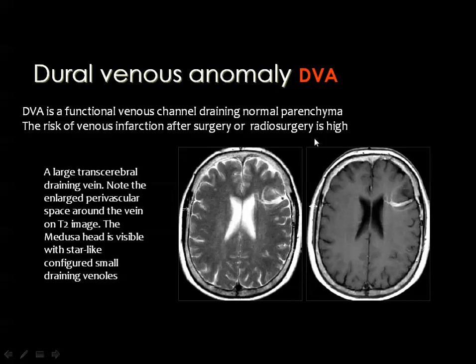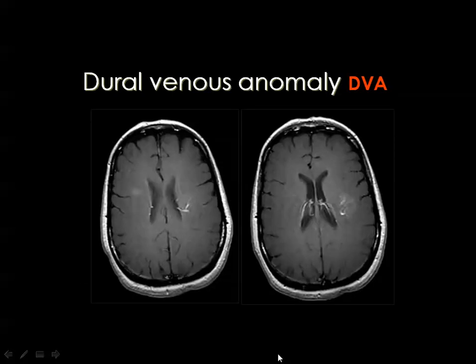Then if you try to remove this lesion or to embolize this lesion, you will get an infarction in the brain. This lesion is usually known as leave me alone, and it is not an arteriovenous malformation, and it requires no intervention and no therapy.